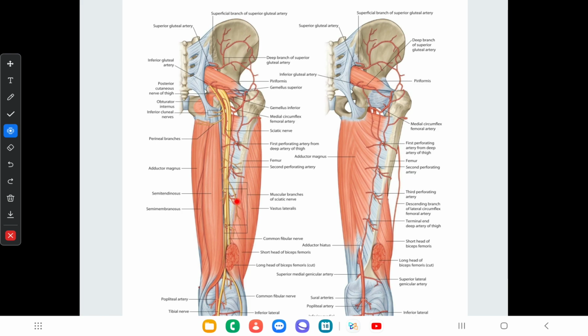These branches arise from the tibial component of the sciatic nerve and run medially to supply those muscles. So that's all about the sciatic nerve and its branches as well as its distribution, relations and the course.